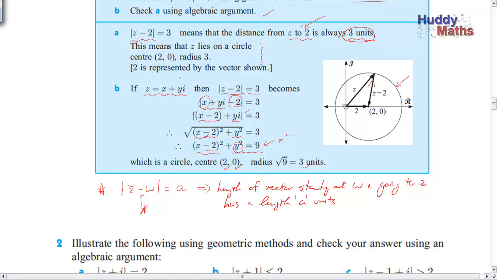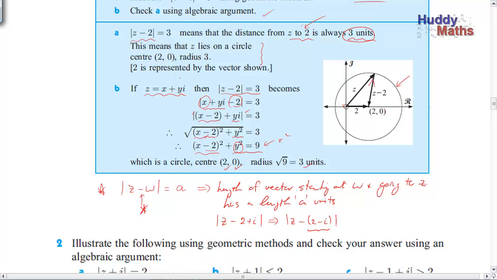So if I have something like, the book doesn't explain this very well, if I have something like z take 2 plus i, I've got to be careful. I would like to consider this as z take 2 take i, don't I? I have to make sure my second complex number is subtracted. So watch out for that.